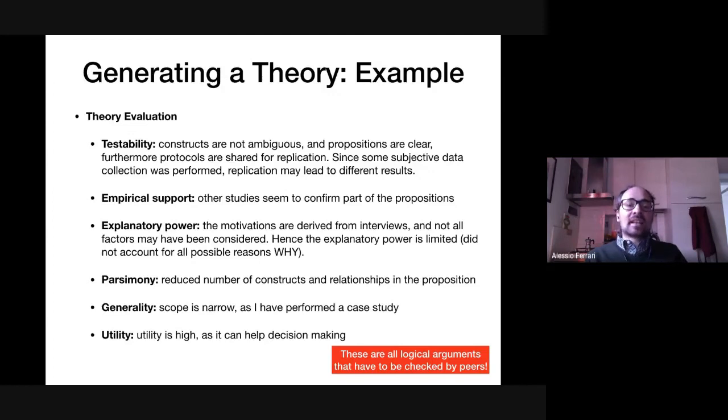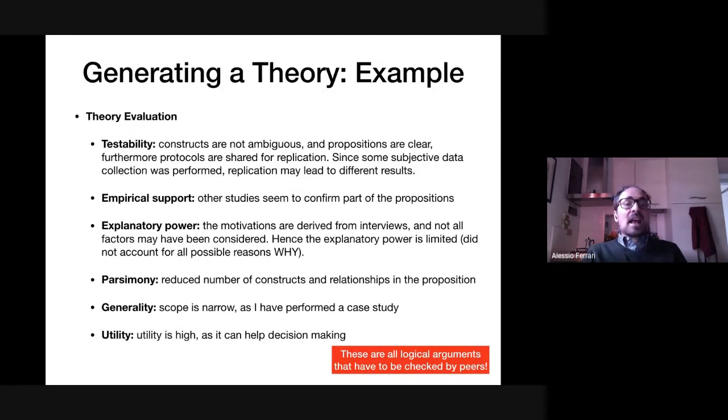But on the other hand, these are definitions, these are not numerical, and the data collection was qualitative. So I've done some open coding, so I have used strategies that are somewhat subjective. So testability is limited, and I could have different results.